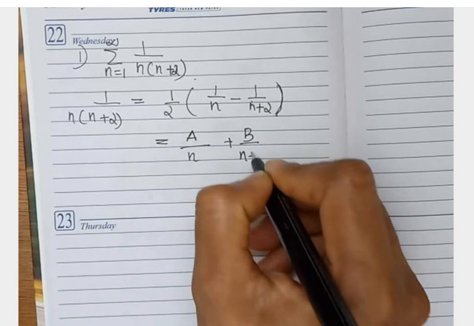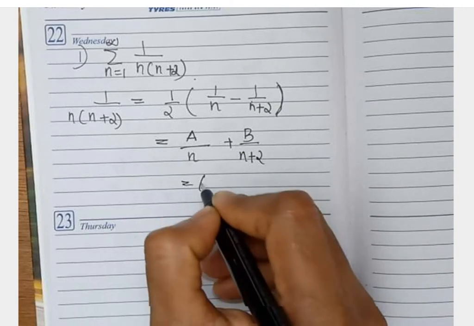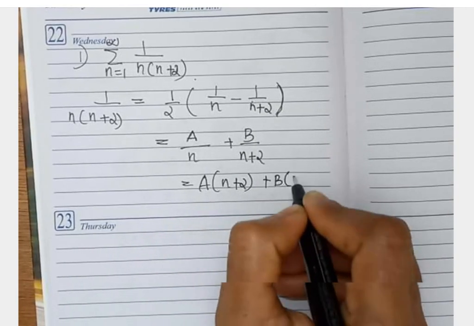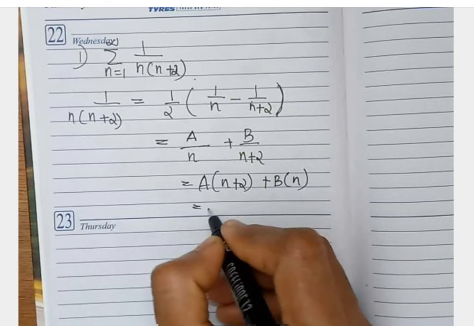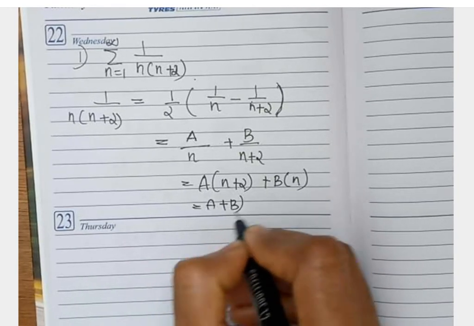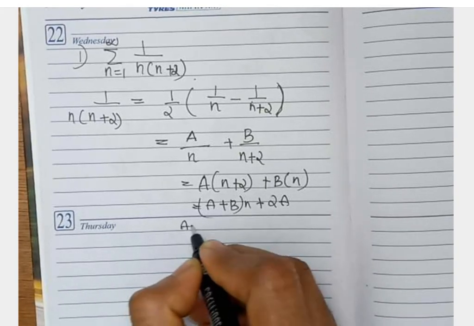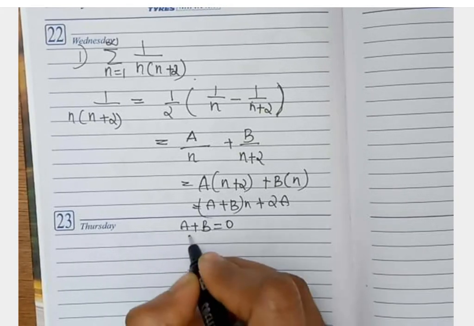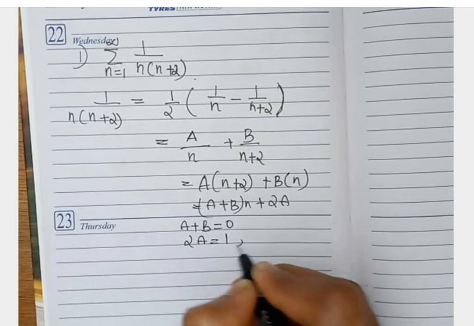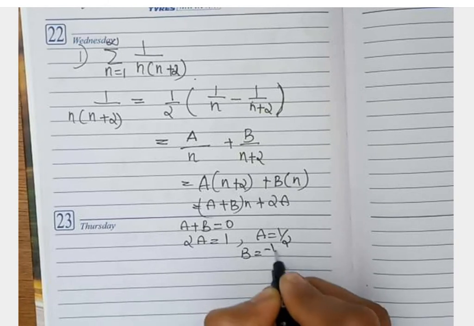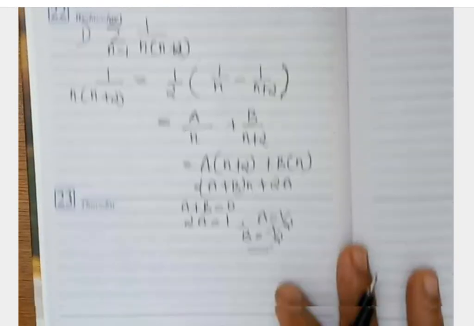This will be a into n plus 2 plus b into n, so this is a plus b into n plus 2a. So a plus b equals 0 and 2a equals 1. So a equals 1 by 2 and b equals minus 1 by 2.